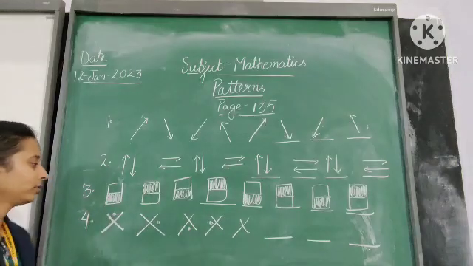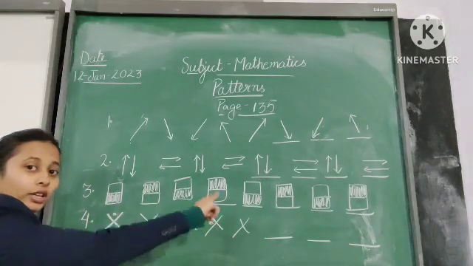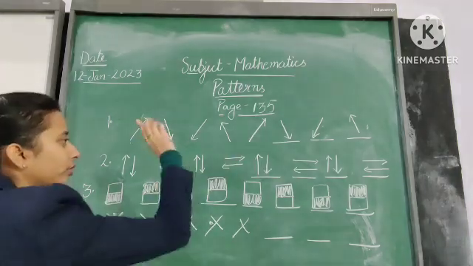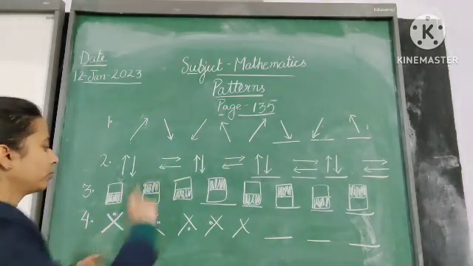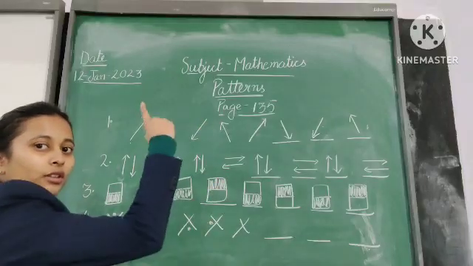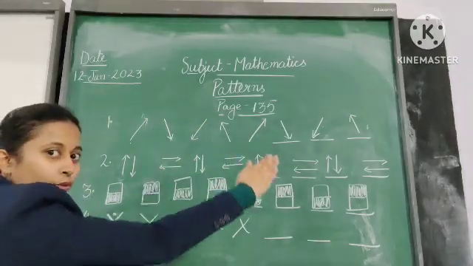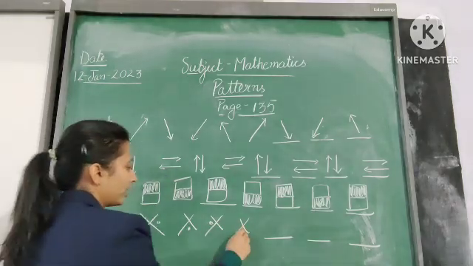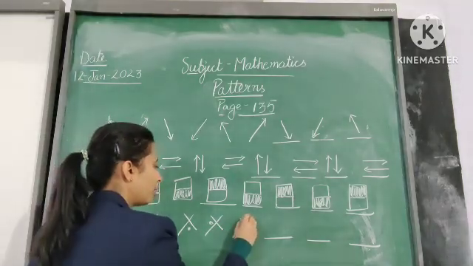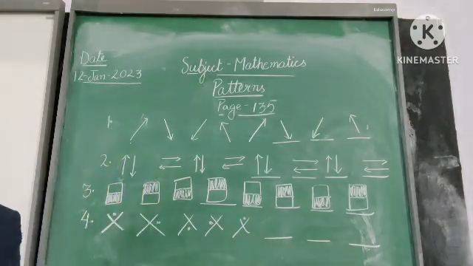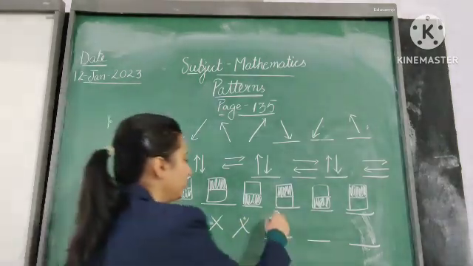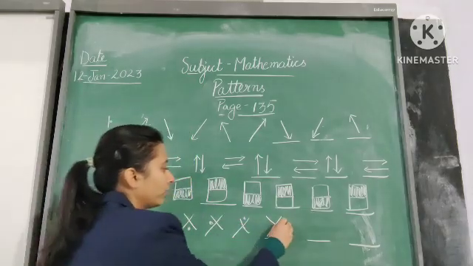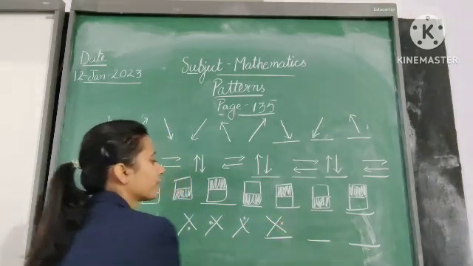If you look at it again, this pattern is also following the clockwise direction because the dot is moving in a clockwise direction. Here again, the dot is on the top. Now, to fill these 3 blanks, we will make another X. This dot will move to the right side.